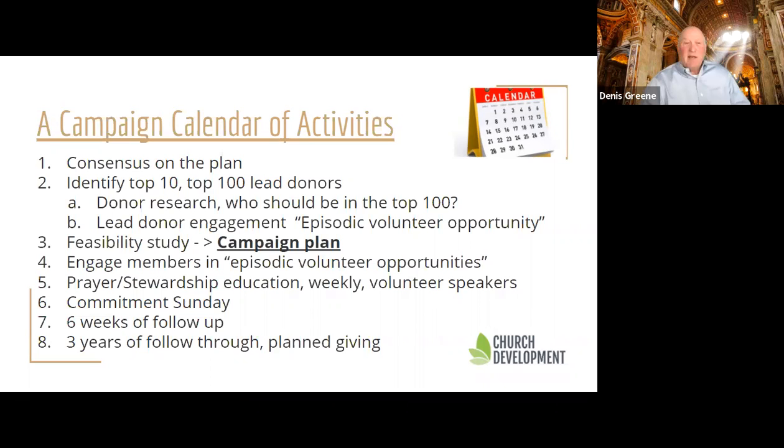We engage everybody in episodic volunteer opportunities, which is where a lot of the fun prayer, event, thanks, youth ambassador, and communication teams come in. And that takes a lot of time. I mean, we're the servants of the church to facilitate that high level of engagement. So a volunteer just doesn't serve mashed potatoes or fold and stuff, but they're involved in designing the prayer activities and the thanks activities. I mean, it can be a terrific amount of fun.